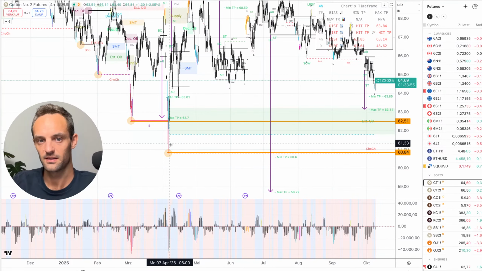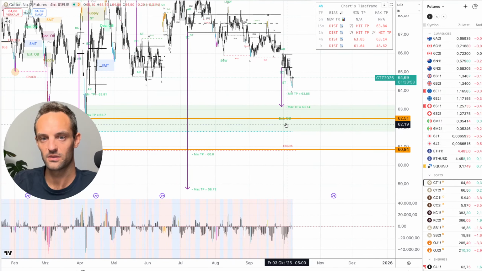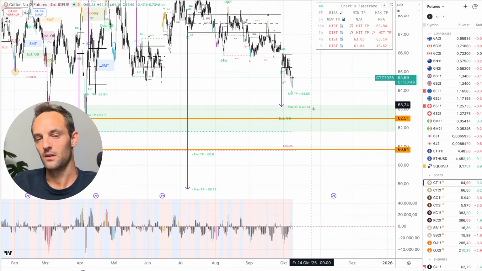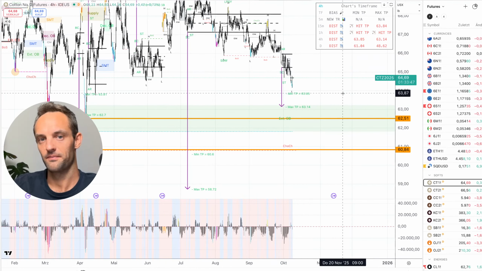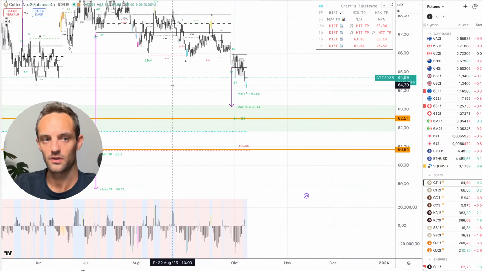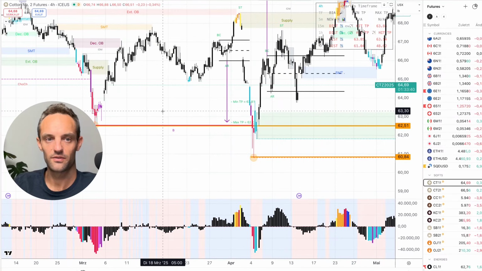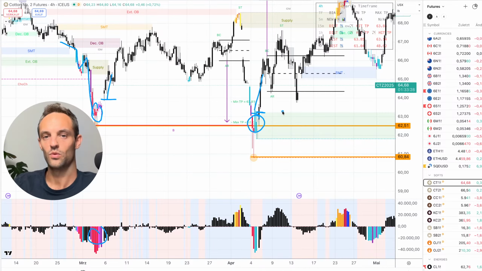As I said, these are the levels, these are the liquidity zones. Extreme order block is also here. We may trade into this and then reverse to the upside. As always, it's very good to take a look at these kind of sharp reversals. How did these sharp reversals happen, with a lot of color, and then we had a very sharp move to the upside.